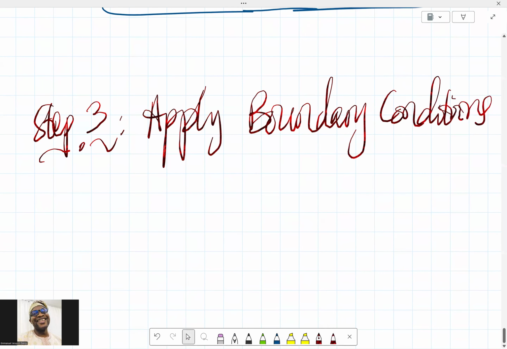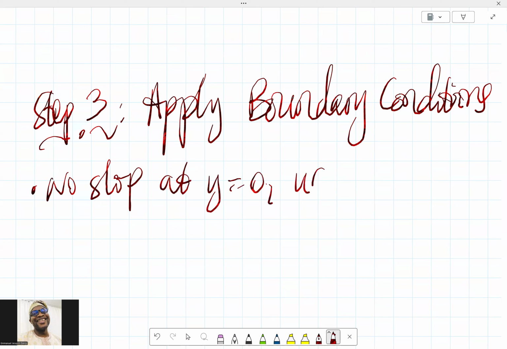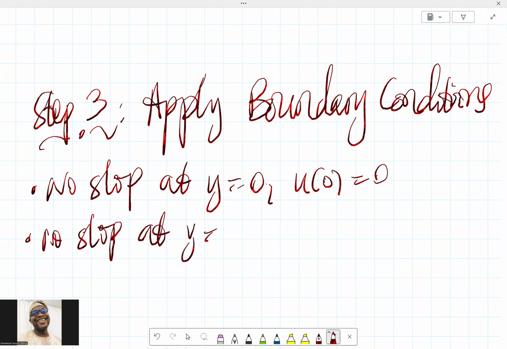We already have all of this in the question. The first boundary condition is there's no slip at y equals 0, meaning that u of 0 is equal to 0. Also, there's no slip at y equals h. That's the other end of the wall. So that also means that u of h is equal to 0.